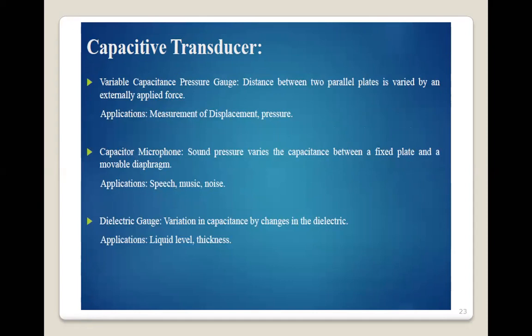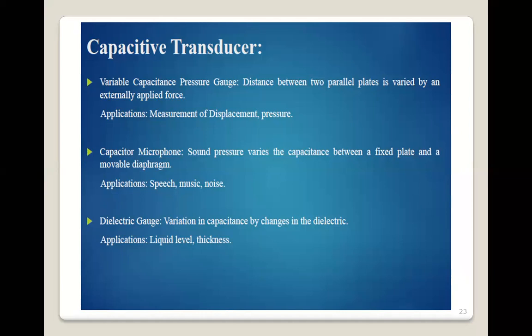Okay, so now in the capacitive transducer, variable capacitance, the first one is a variable capacitance pressure gauge. That means the distance between two parallel plates is varied by the external applied force. So if the distance between the two plates changes due to external force, the change in the applied force is directly proportional to the distance between the plates, and inversely proportional to the capacitance of the capacitor.